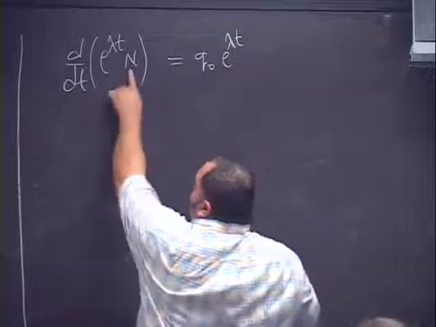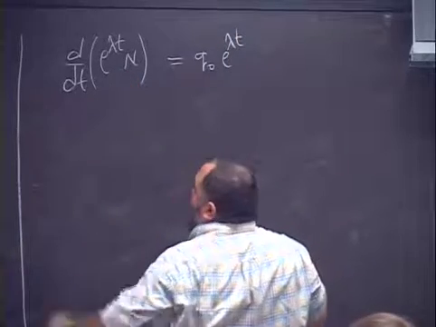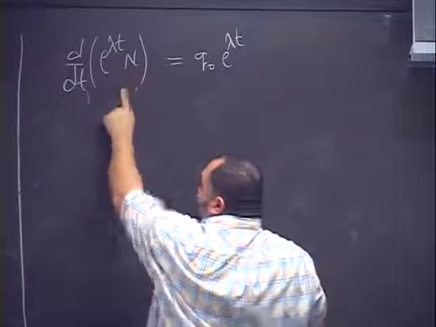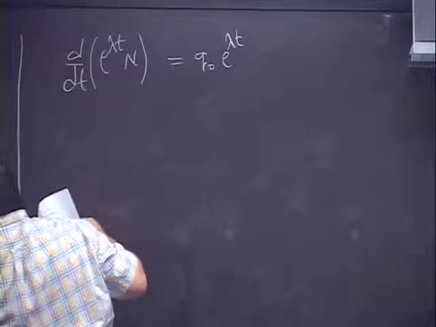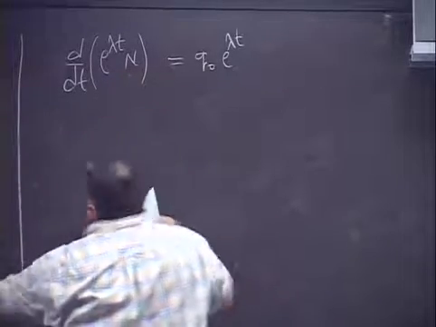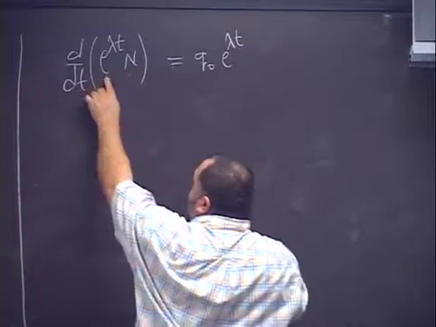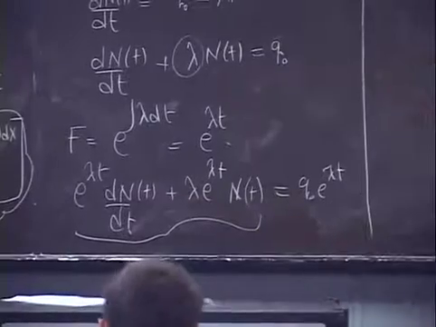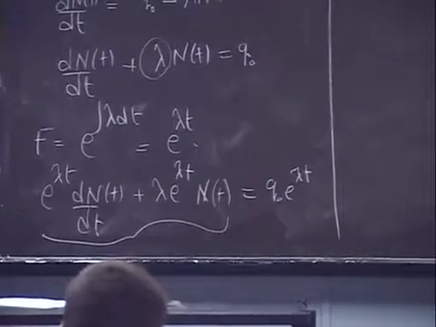The first, N of t, multiplied by e to the power of lambda t, multiplied by the differentiation of the first. So it is e to the power of lambda t dN by dt, plus the second, N of t, multiplied by the differentiation of this, which is lambda e to the power of lambda t. Okay, guys? Equal to this.